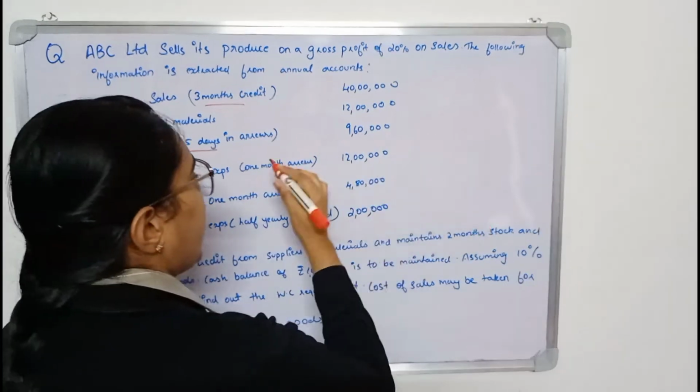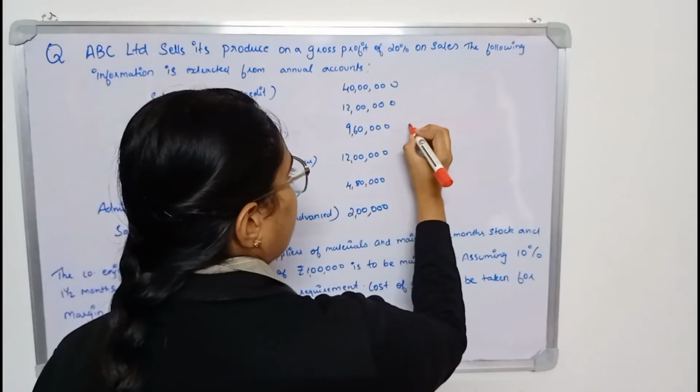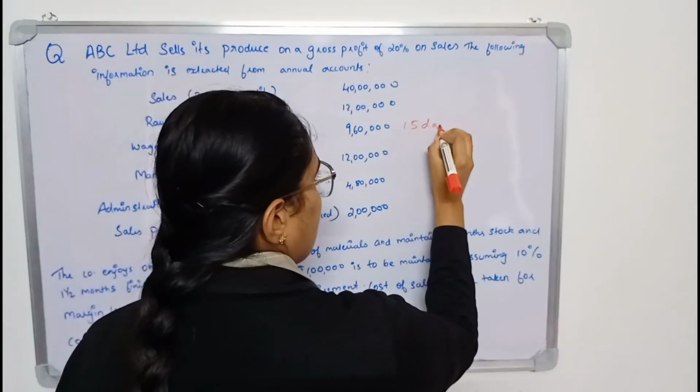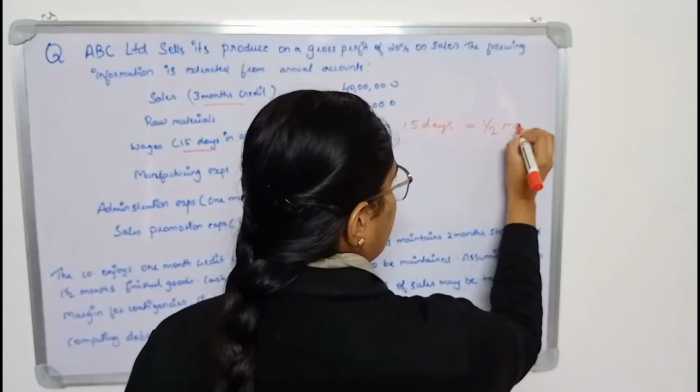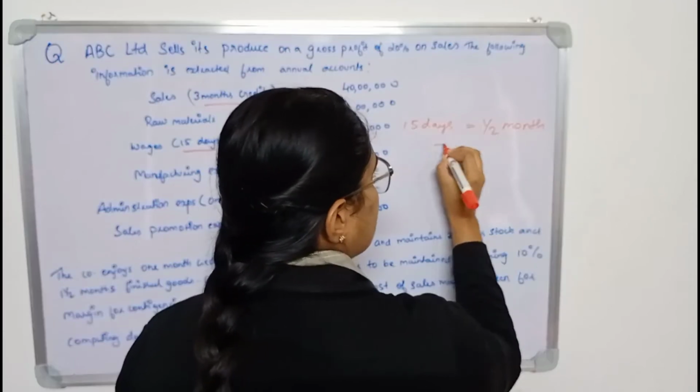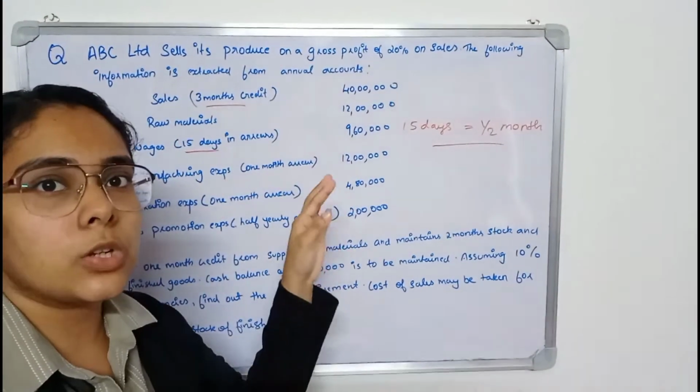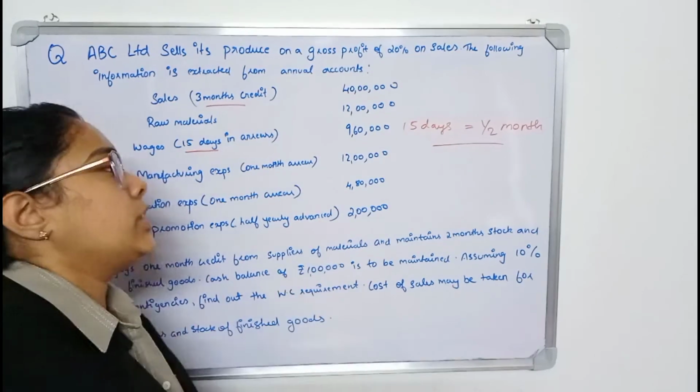So here we can take the assumption that 15 days is equivalent to half a month. This assumption may be taken and you must note it clearly in your solution.